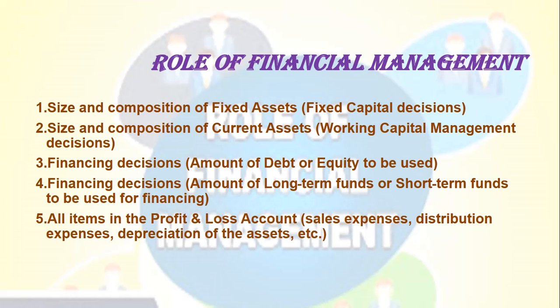in the following ways: by taking decisions on the size and composition of fixed assets, the size and composition of current assets, the financing decisions, and all the items in the P&L account like sales expenses, distribution expenses, and depreciation of assets.